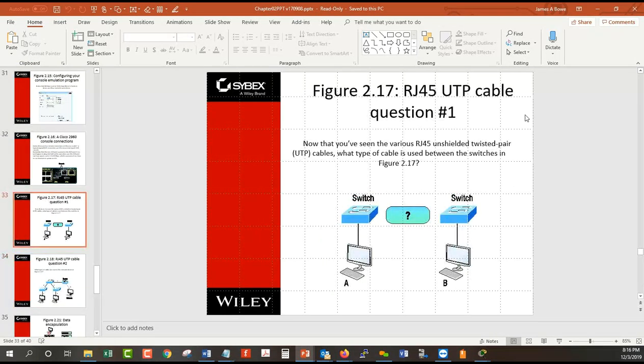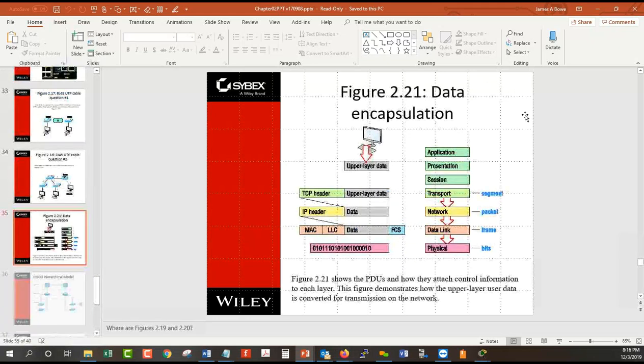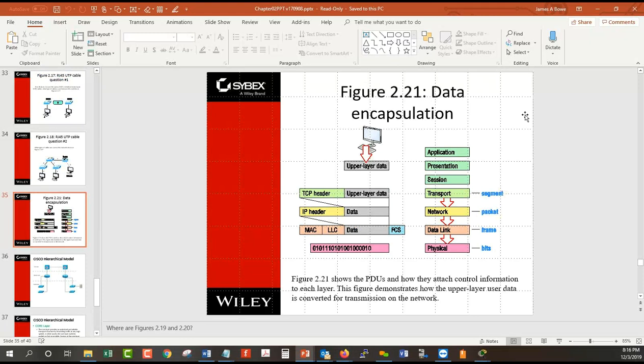Everybody knows about all of our different types of console connection and VTY, so I'm not going to go through that. We know about data encapsulation, how the transport layer gets encapsulated into the network layer, into the data link layer, and so on down the line. And we've got this thing called segments, packets, frames, and bits.